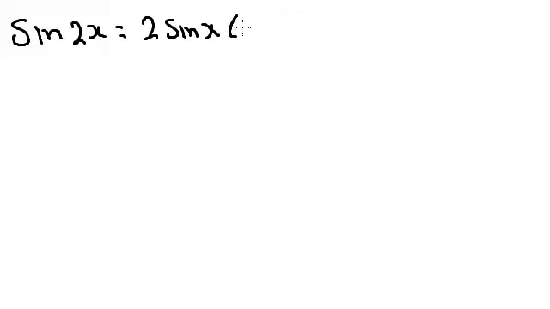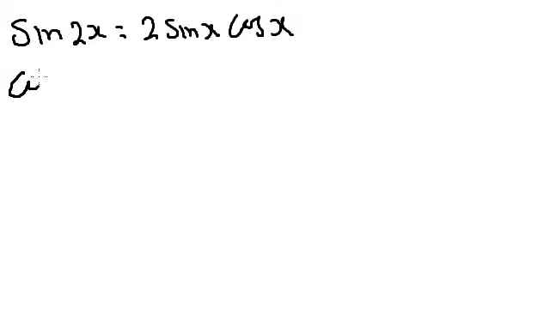Before we proceed to example 7, let's review more trigonometric identities, as we will be making use of them along the way. So, it is important to understand that the sine of 2x is equal to 2 sine x cosine x.